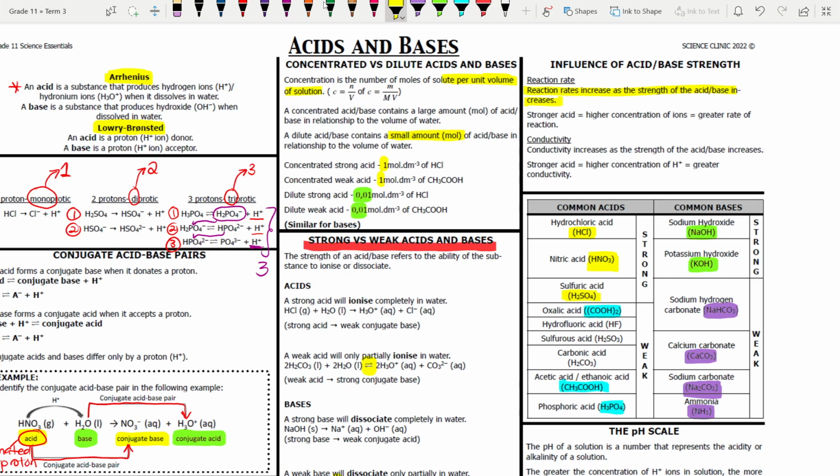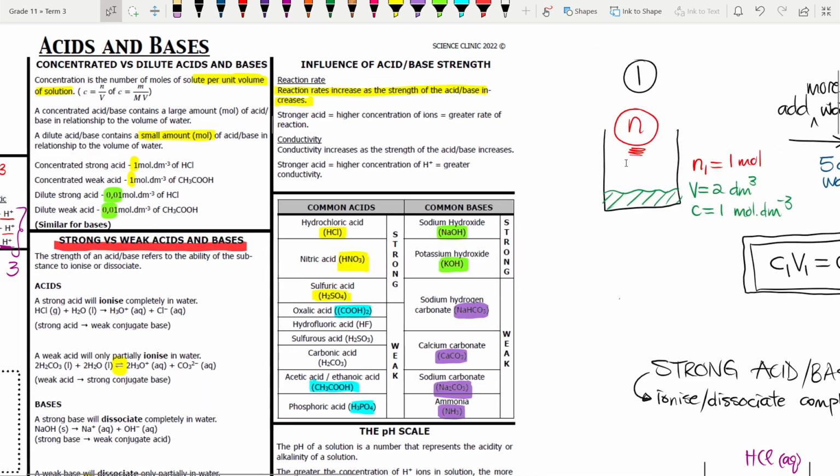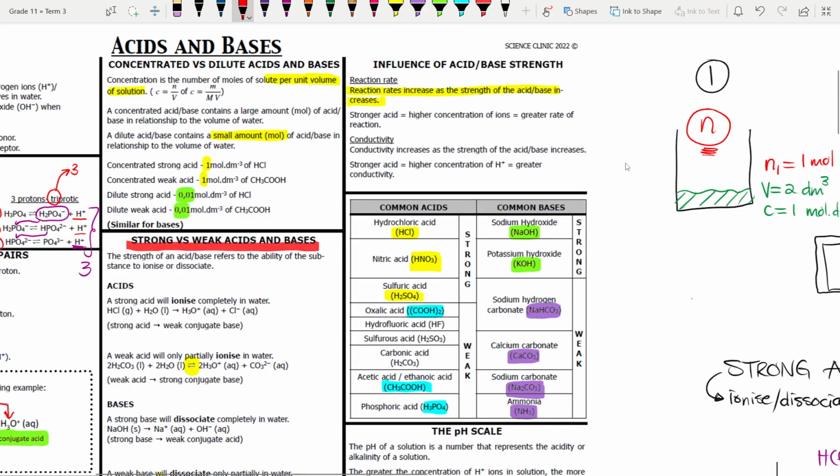So a strong acid reacts faster or ionizes faster. And if the concentration as well is high, then we can have faster reactions. So I think that's also quite intuitive. If we have high concentration, then we're going to have fast reaction.